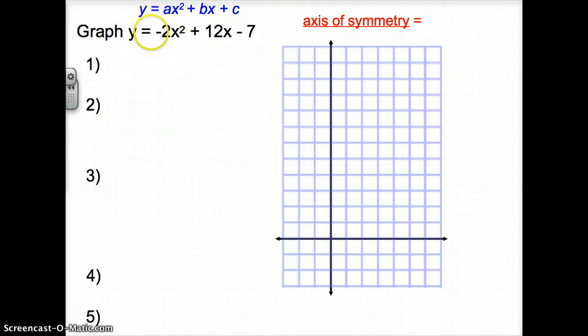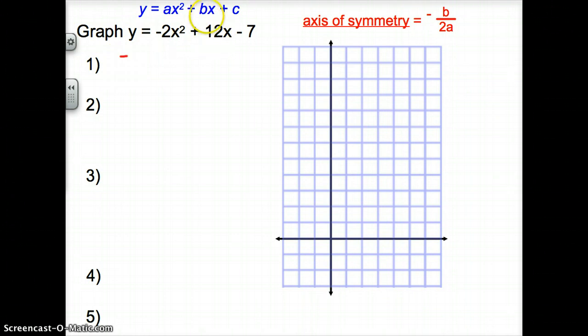Here we have this guy. We have our -2 for our A, 12 for our B, and -7 for our C. Again, the first thing that we have to do is find the axis of symmetry. We find the axis of symmetry using -b over 2a. Well, I'm going to put my negative, my b, right?